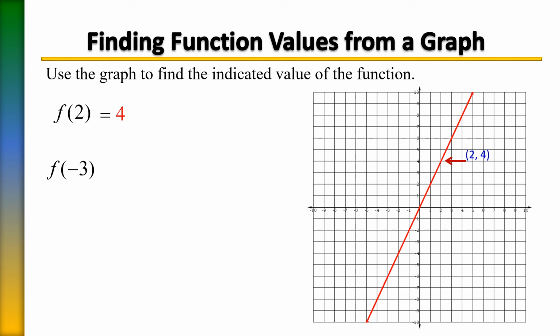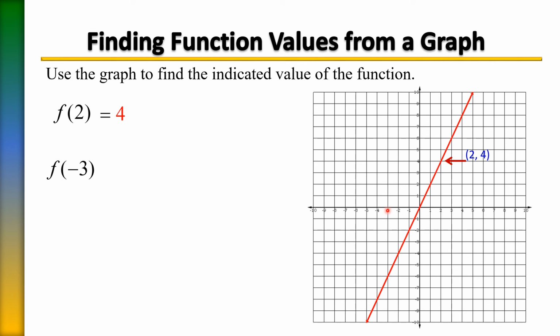Next, I want to find f of -3. My x value now is -3. So on the x-axis, I'm going to move over 3. 1, 2, 3. To get on the graph, I need to move down. So my y value is going to be a negative.